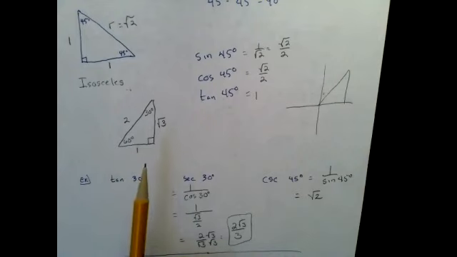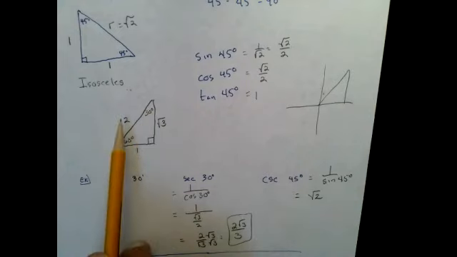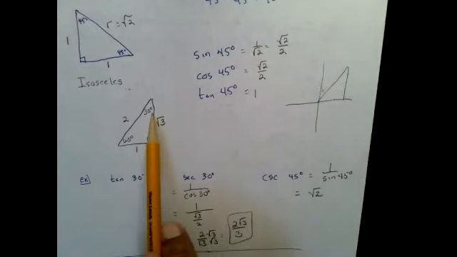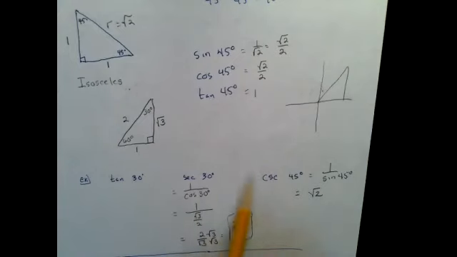We just know that when I do the sine of 30, it's opposite over hypotenuse. The tangent of 30 is the opposite over the adjacent. Later, we're going to get into location, and some of these will be negatives, but for now, we're just worrying about the acute angles, the ones under 90. So we know they'll all be positives.